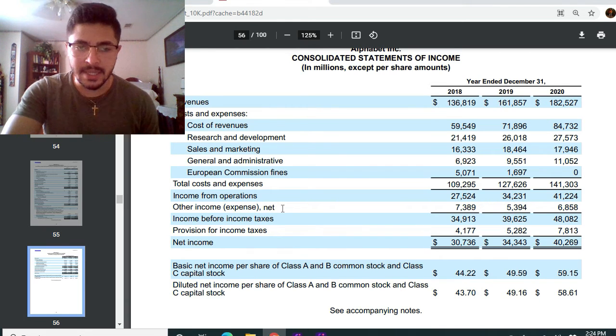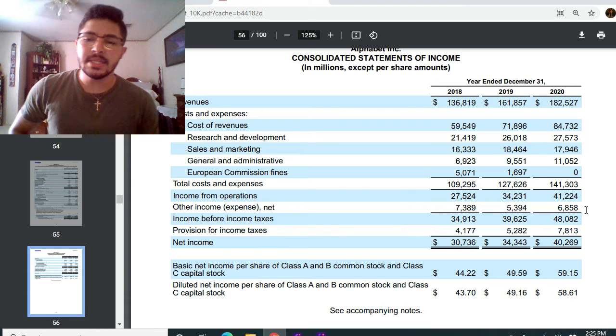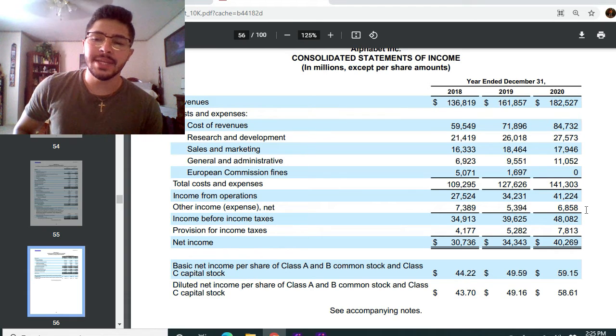If it were in parentheses, you would have seen that they actually lost money that year. But each one of these years has been in the positive. So 2018 they had a really good year, 2019 they lost a little bit of money, and 2020 it went back up almost as high as 2018. But this doesn't really reflect directly on the company in itself.